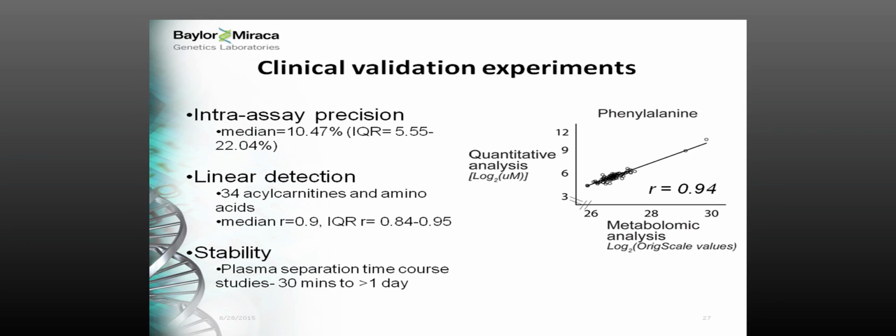What we did is an assay of precision to generate R values for quite a number of different compounds that we detected. Basically, our quantitative value got converted to a Z-score based on our mean and normal range, and that was compared with the Z-score that Metabolon provided on the sample.